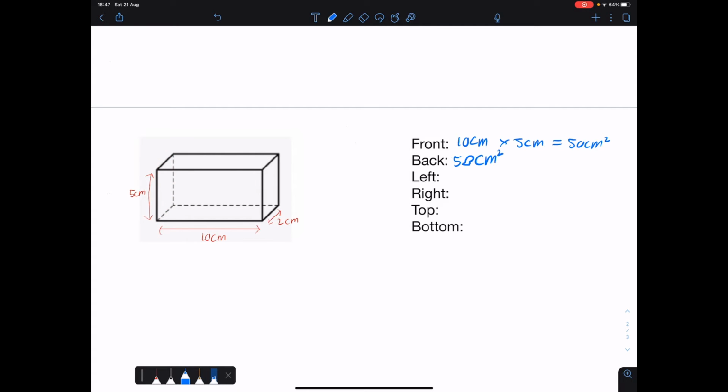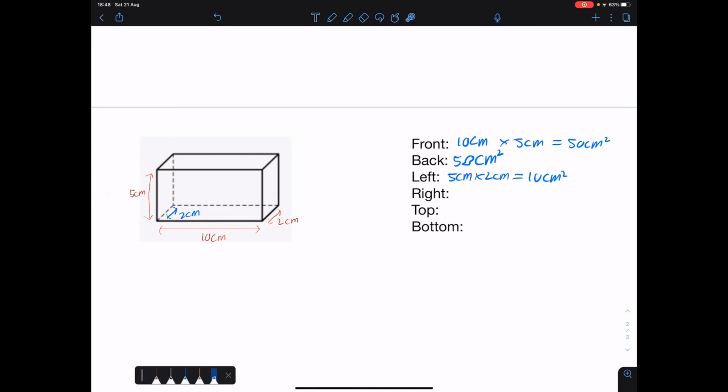We have one side length being 5 centimeters and the other side length being 2 centimeters, the depth of the cuboid. So multiplying these two lengths together, we get 5 centimeters times 2 centimeters, which is equal to 10 centimeters squared.